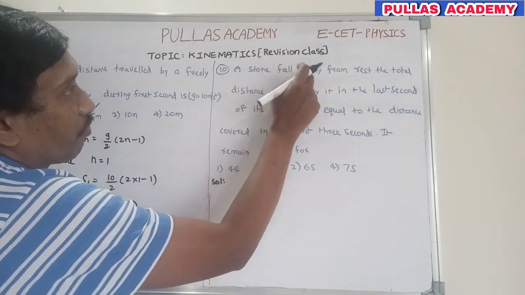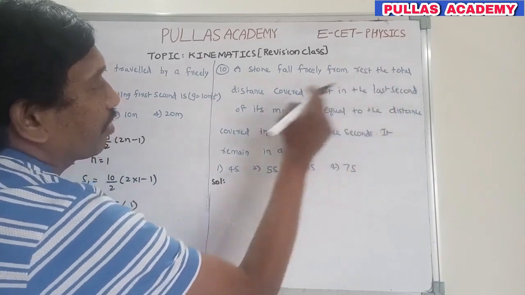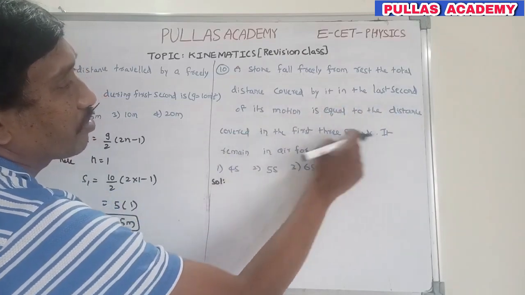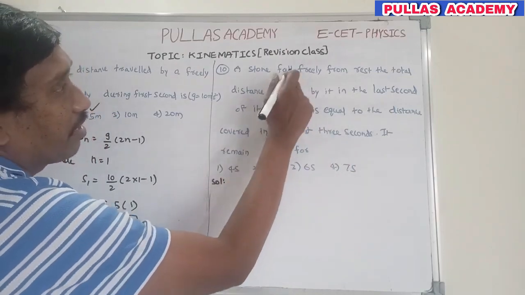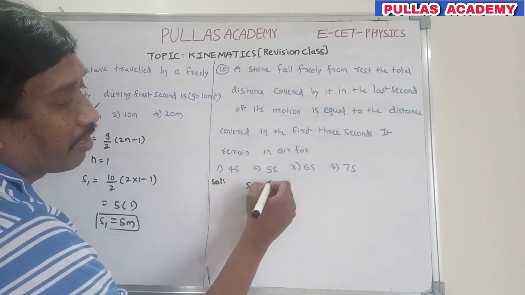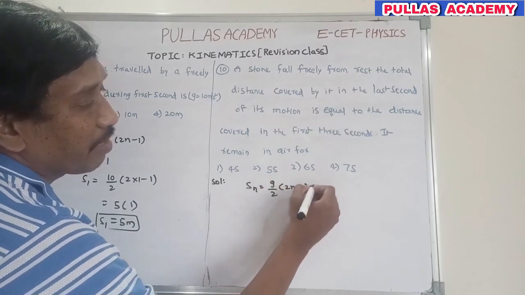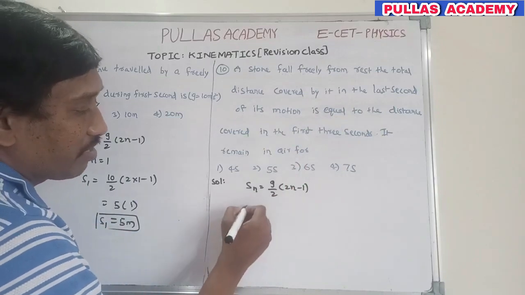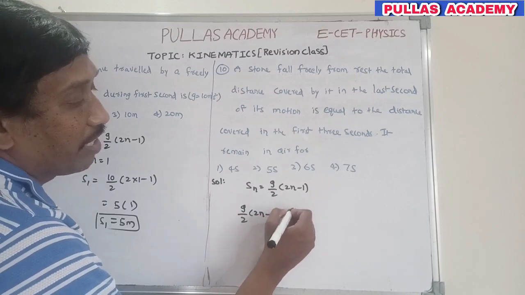Next, a stone falls freely from rest. The total distance covered by it in the last second of its motion is equal to the distance covered in the first 3 seconds. Here the last second is taken as Sn. Since it is a freely falling body, we can write g/2 into (2n minus 1). This is equal to the distance traveled in 3 seconds.